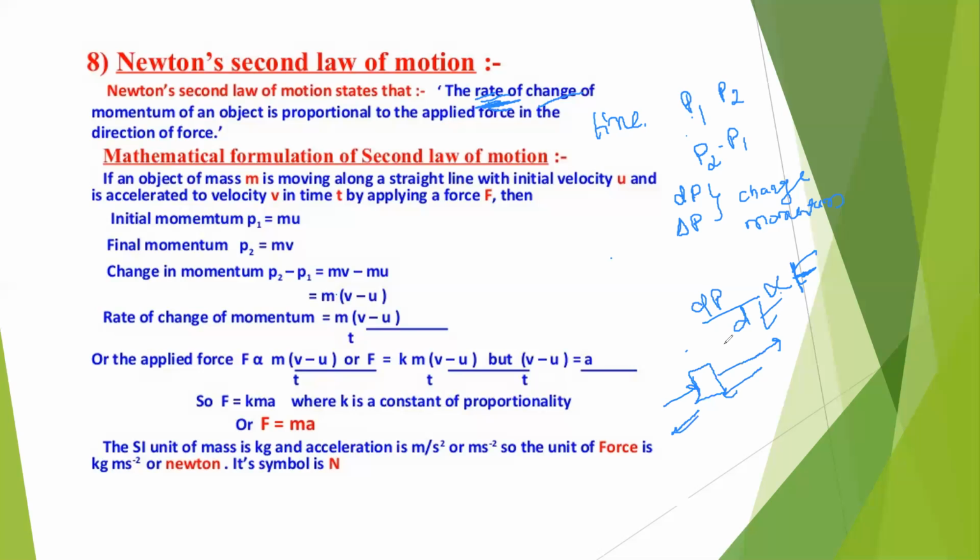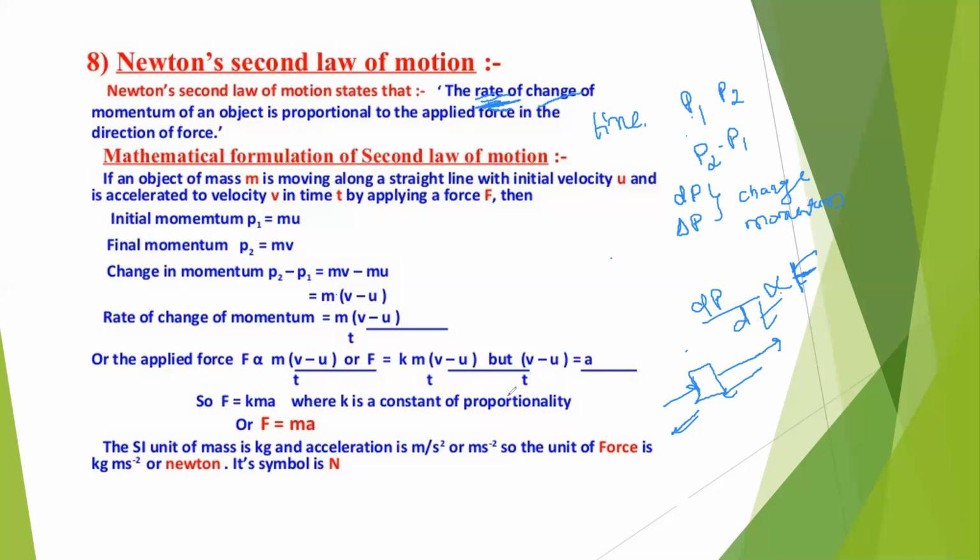If an object of mass m is moving along a straight line with initial velocity u and is accelerated to velocity v in time t by applying a force F, then the body has mass m, initial velocity u and final velocity v. Here it is getting accelerated with acceleration a, which we can also take.